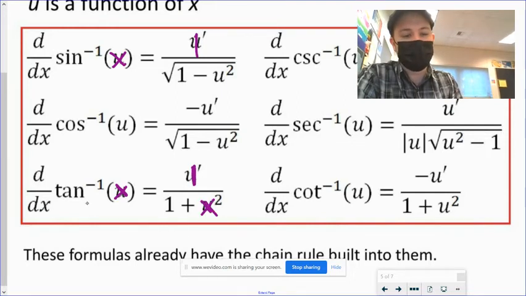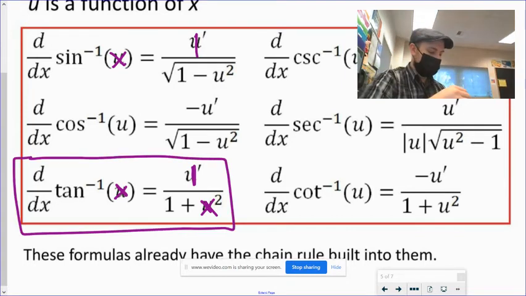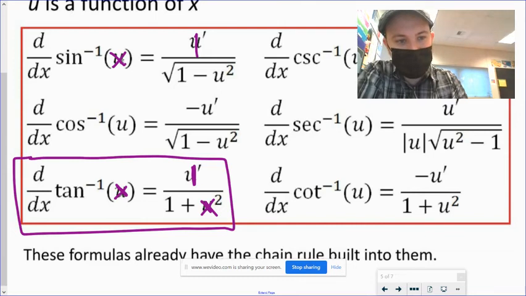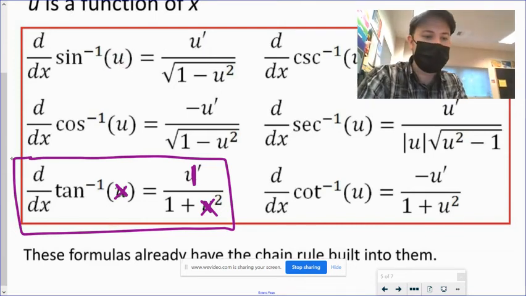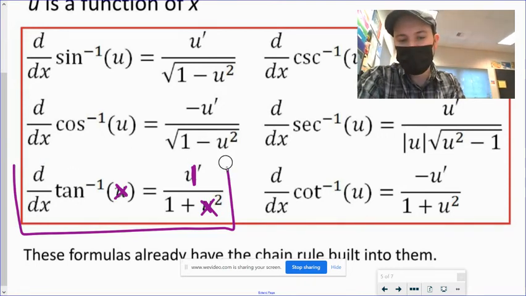So this is sort of the simple form of the answer. But we know that it's not always the simple form. Sometimes the inside function is not just x. Sometimes the inside function is its own function that depends on x, like x squared, or something else.